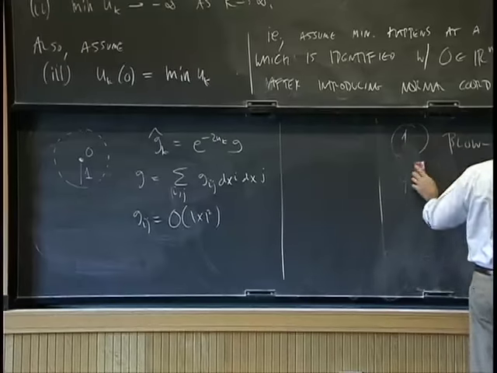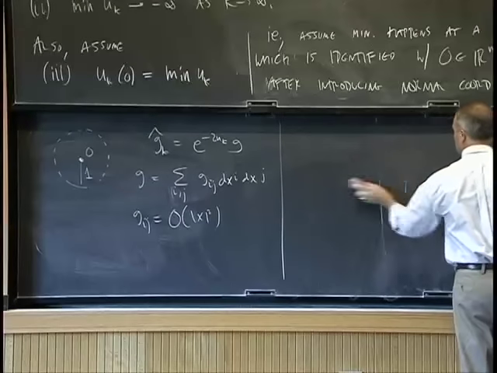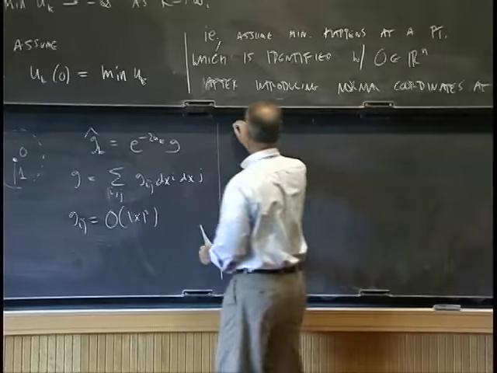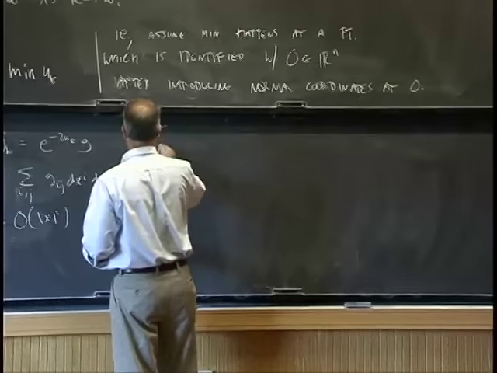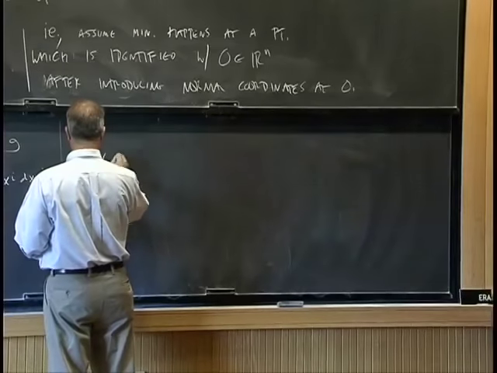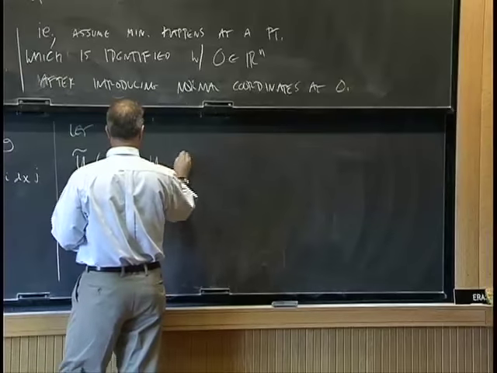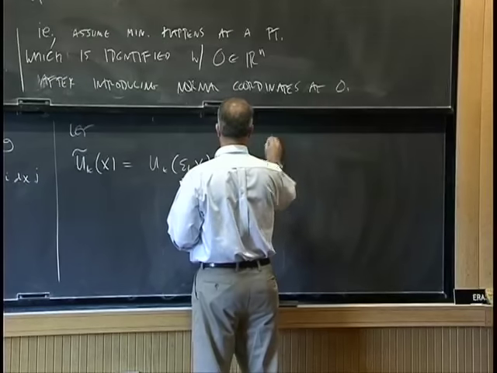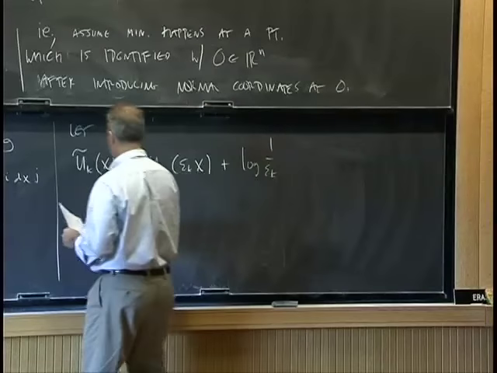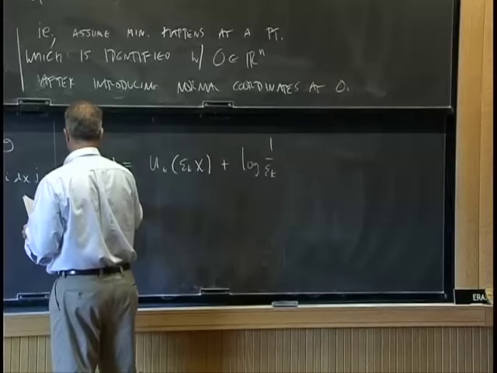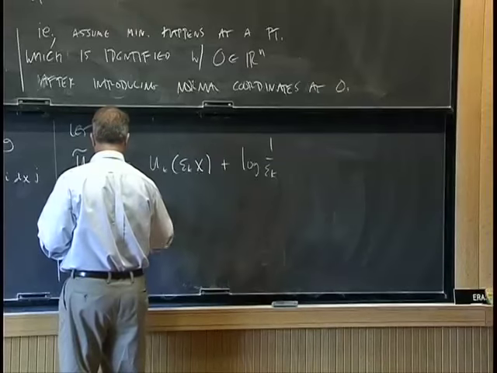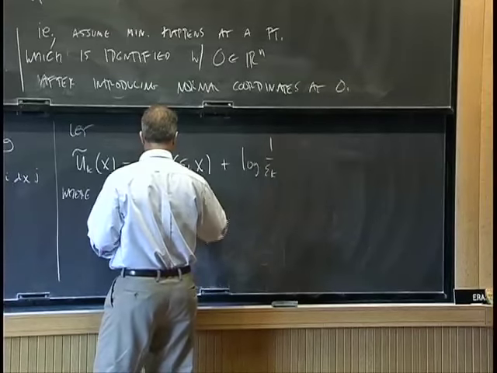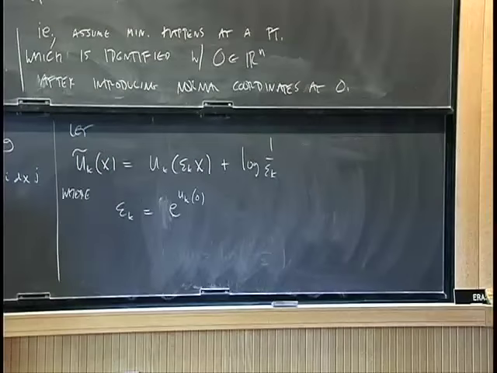Okay, now we're going to use this dilation structure. We're going to let UK tilde of x be UK of epsilon k x plus log 1 over epsilon k, where epsilon k now is e to the minimum value of u.